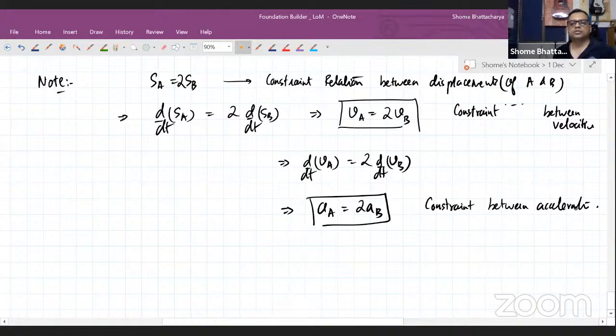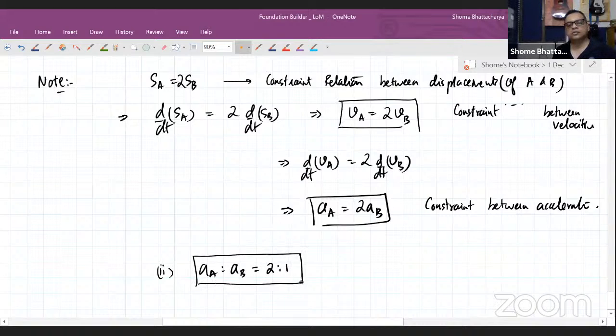Okay, so you can see the second part's answer, the ratio of their accelerations will be 2 is to 1. Or if acceleration of B is equal to A, then acceleration of A should be 2A.